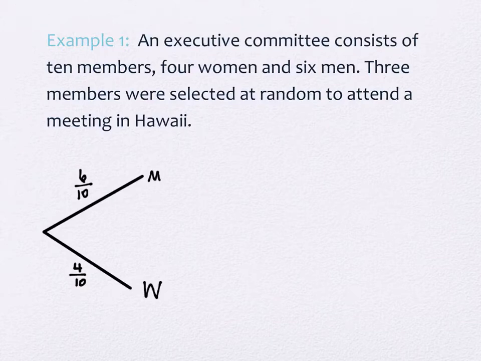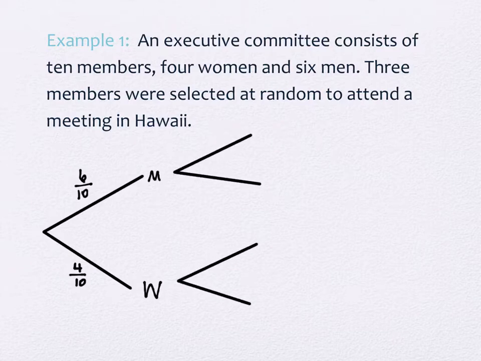Okay, so after I select one person's name, I'm not done with this experiment. It's not one person gets to go to Hawaii, it's 3 people get to go to Hawaii, right? So after I select person number 1, I have to do another set of branches to select person number 2. And again, there are 2 options. It's a man or it's a woman.